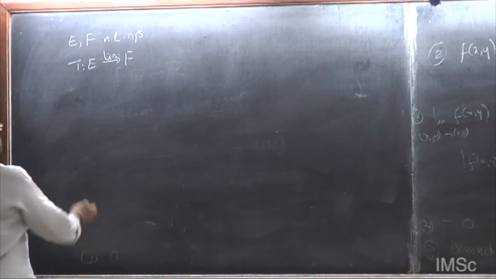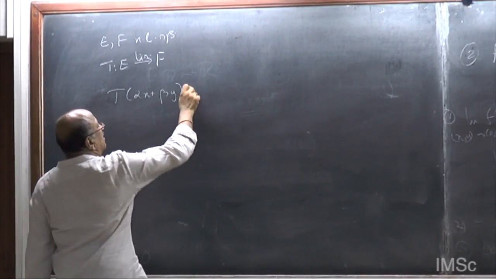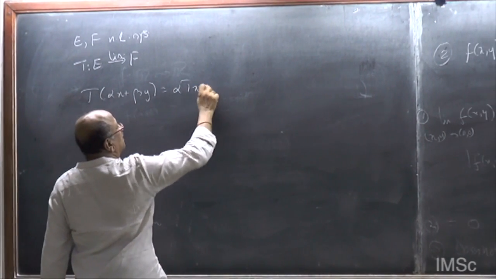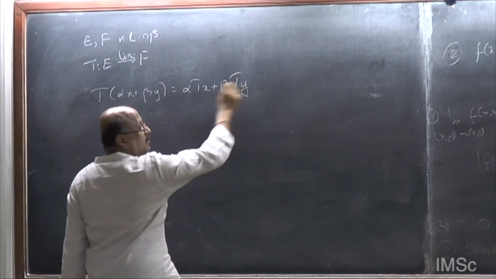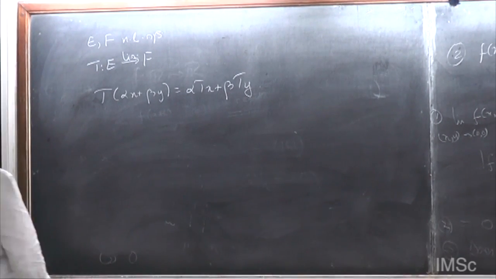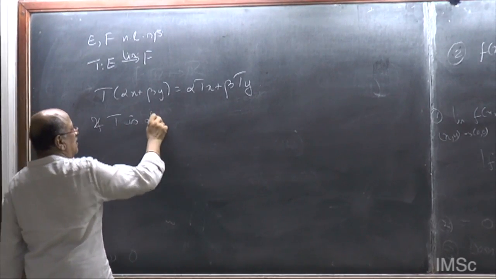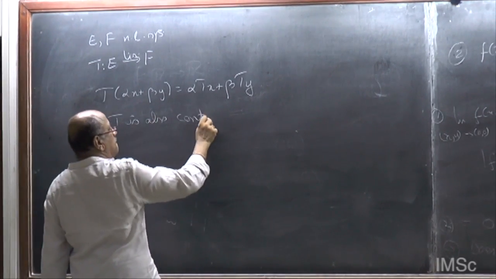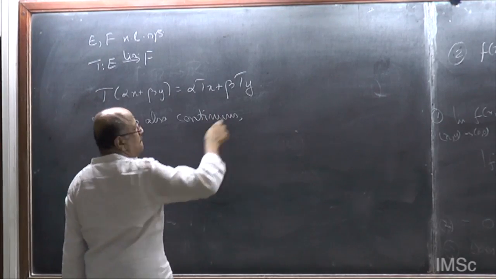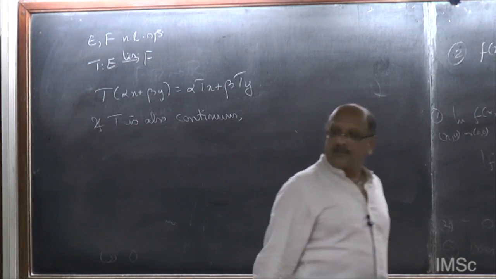So what is a linear transformation? T of alpha x plus beta y is alpha Tx plus beta Ty. So this is called a linear transformation. So if T is also continuous, then you call it a continuous linear transformation.